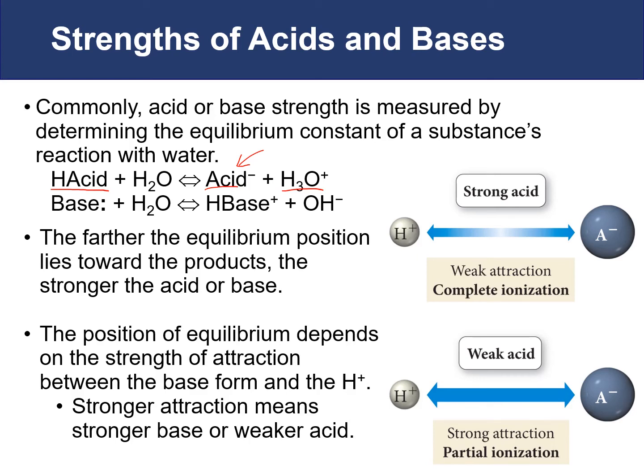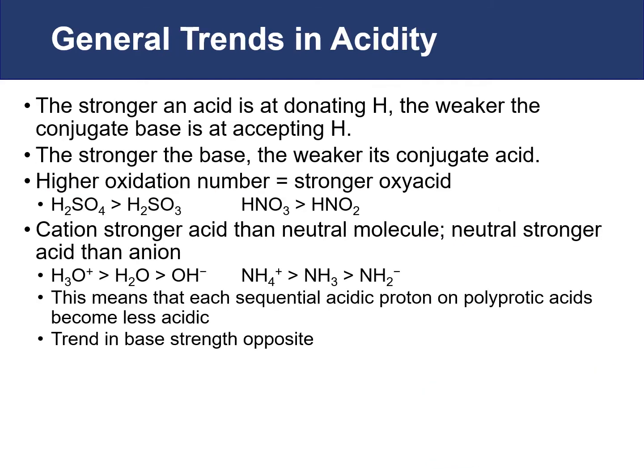The further the equilibrium position lies towards the products, the stronger the acid or base is going to be. And that position of the equilibrium depends on the strength of the attraction between the base form and the hydronium ions, or the proton, in solution. The stronger the interaction, or the stronger the attraction, the stronger the base and the weaker the acid.